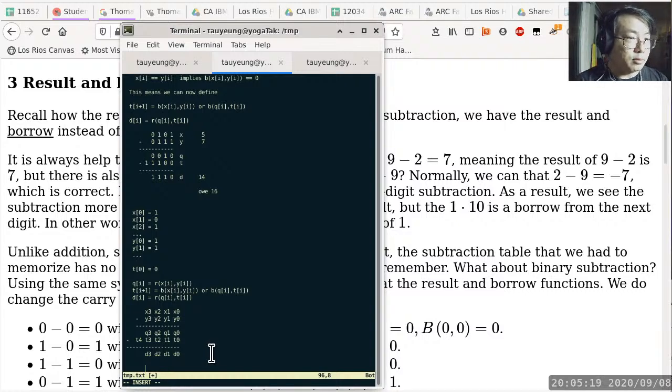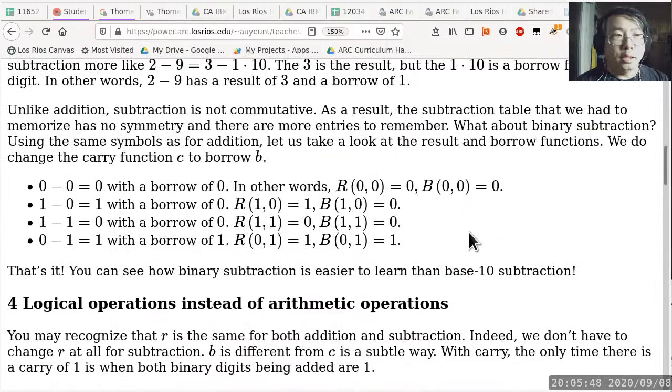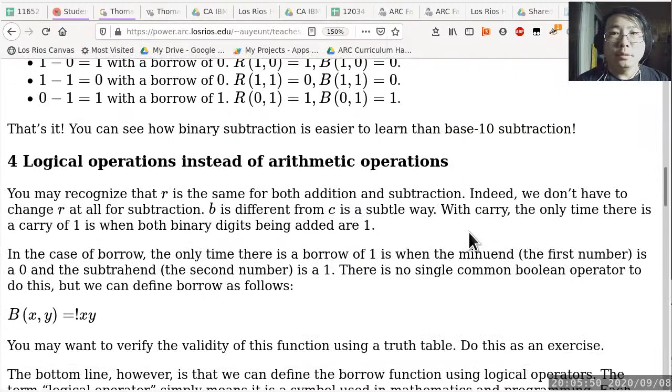All right, so Christy has a question. All right, I'm just going to scroll to a later part of the notes here.